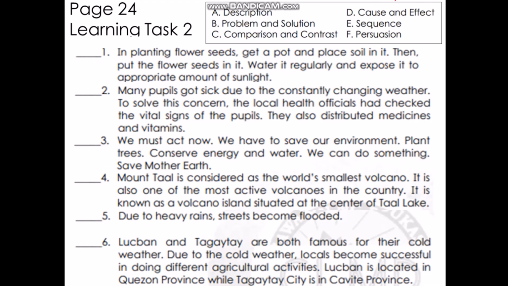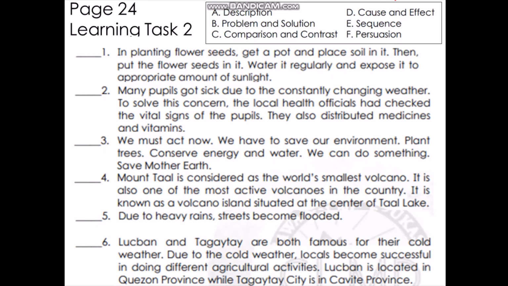Many pupils got sick due to the constantly changing weather. To solve this concern, the local health officials had checked the vital signs of the pupils. They also distributed medicines and vitamins. So, what informational text is this? Is it letter A, B, C, D, E, or F?